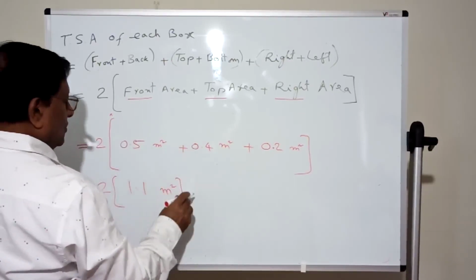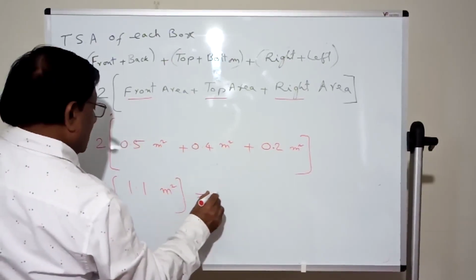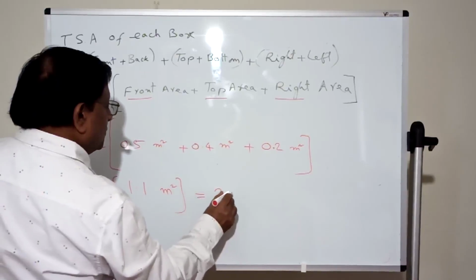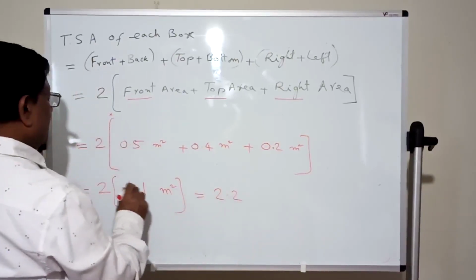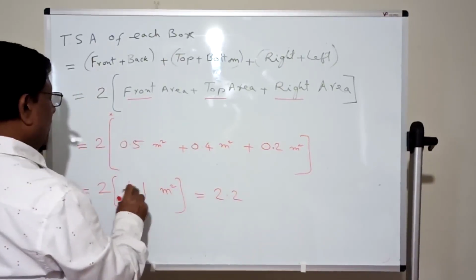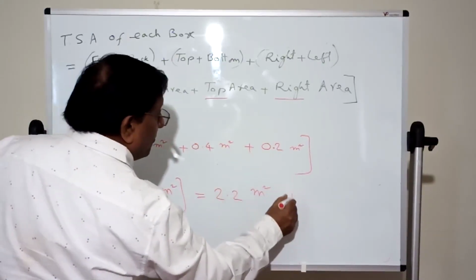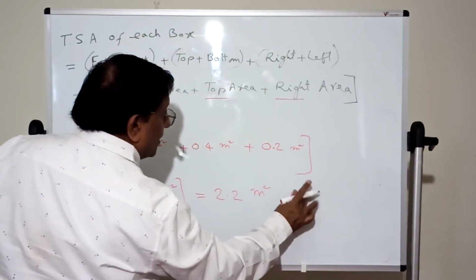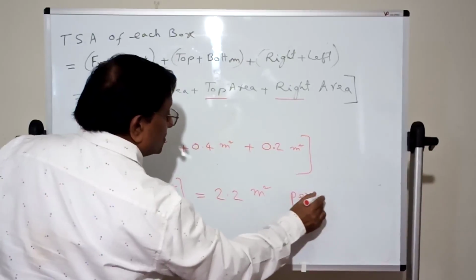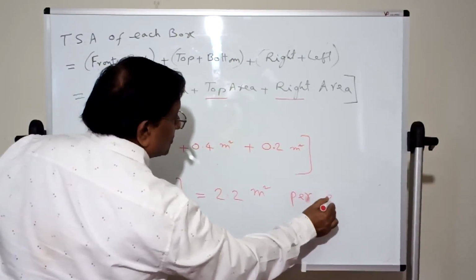So here, 2.2, because 2 times 11 is 22. 2 times 1.1 is 2.2 square meters per one box, per each box.